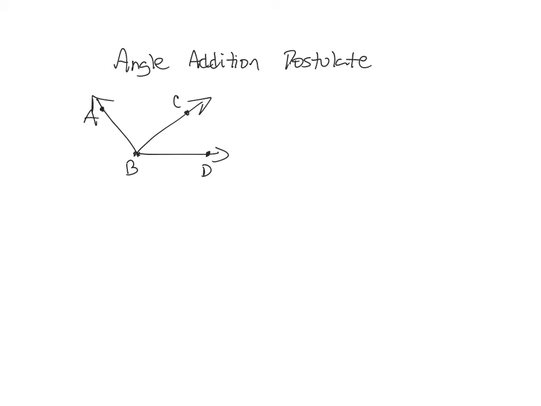So it's actually written like this: measure of angle ABC plus the measure of angle CBD equals the measure of angle ABD.